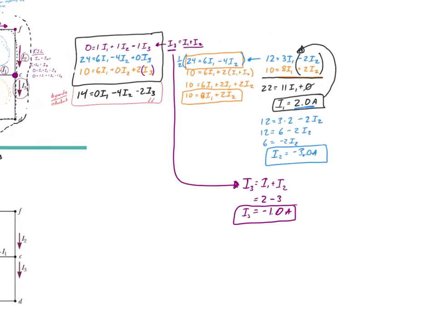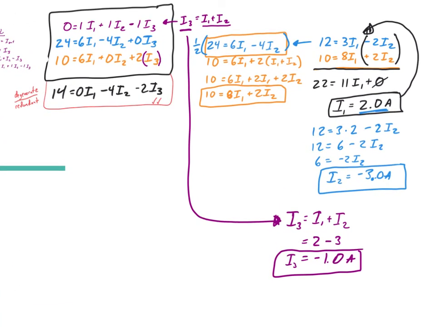We have our double check equation up here in black. When I add my stuff together, I'm expecting 14. 0 times I1 is going to be 0, minus 4 times I2. I2 is negative 3. Minus 2 times I3. I3 is negative 1.